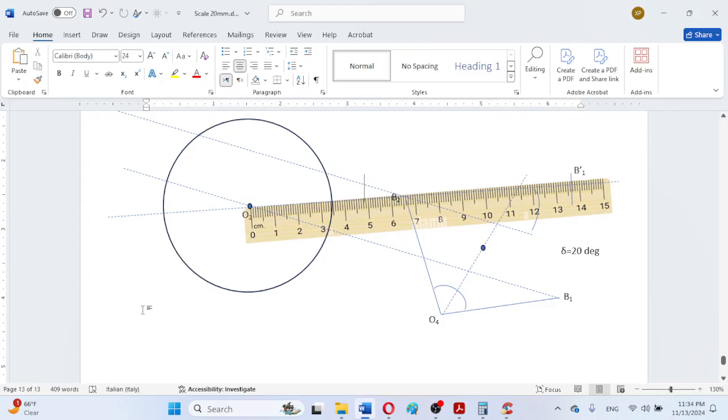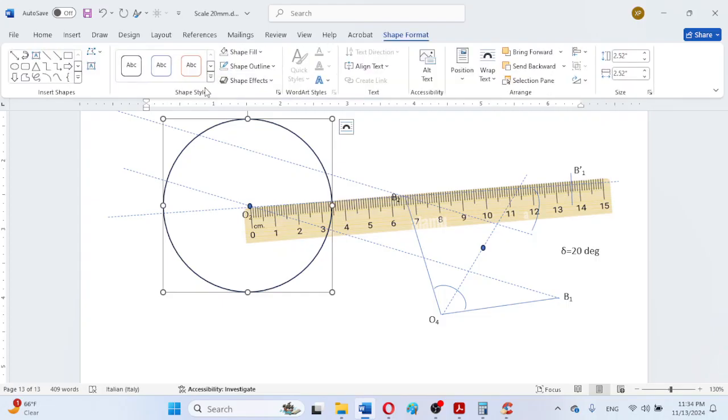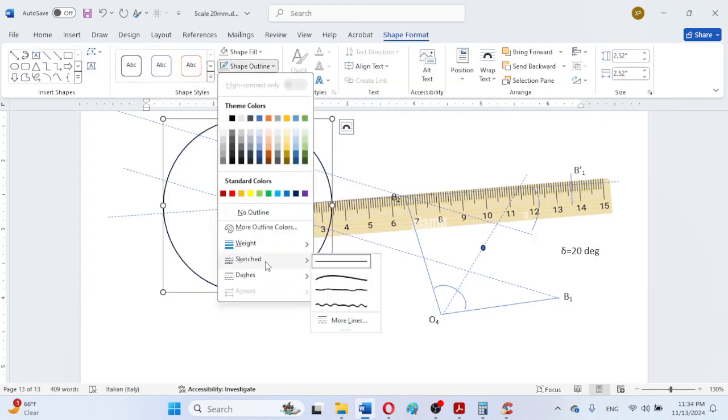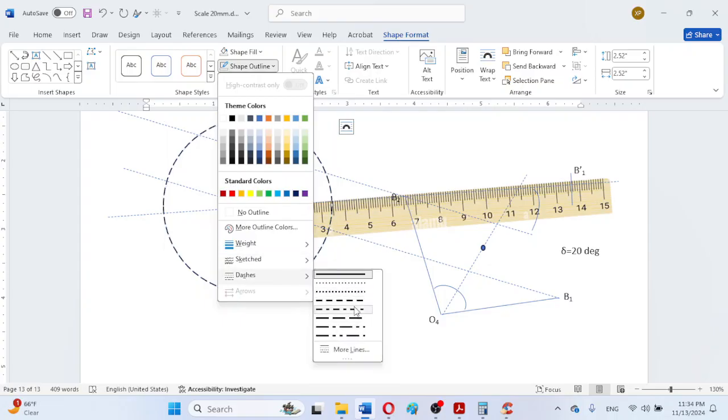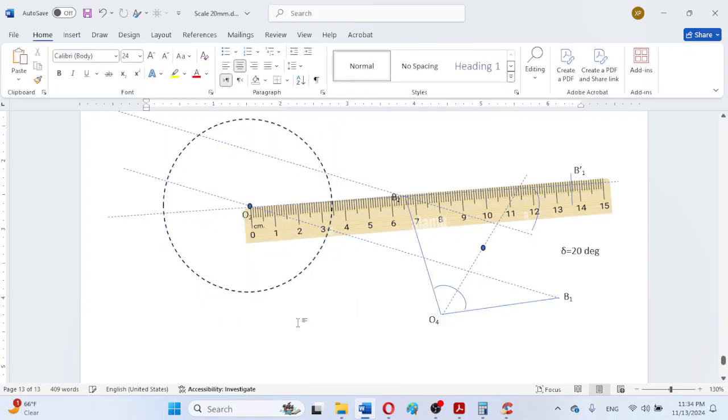So the crank's two positions can now be drawn. Just make this circle in some dashed pattern because it is just a reference circle. So here like this. Now use labels.